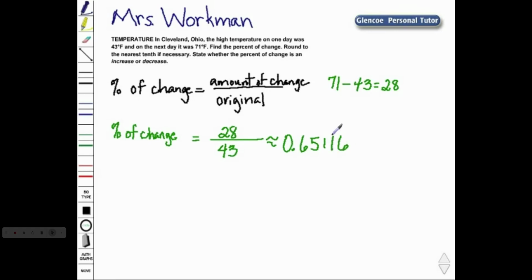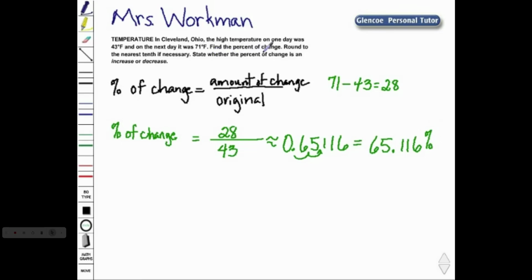Then we're going to change that to a percent. And we remember that when we go from a decimal to a percent, we move the decimal point 2 places to the right. So that would be 65.116%.